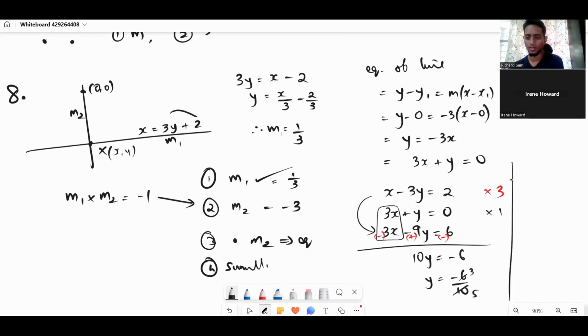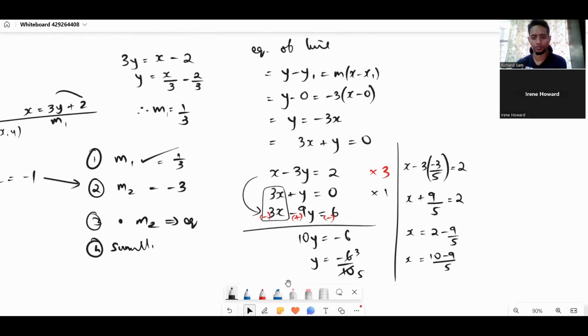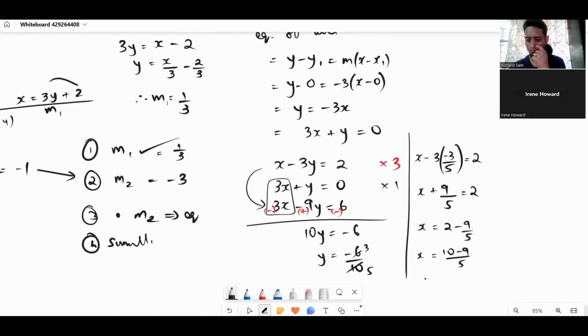Then substitute that y in any of the equations. Check the answer.